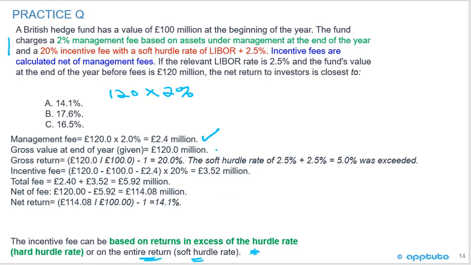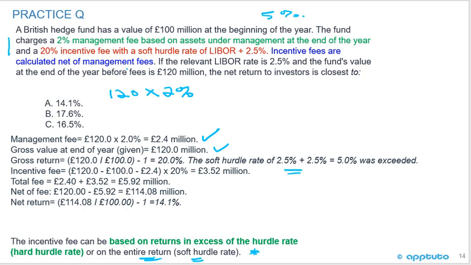So we have the value at the end of the year, 120 million. So we're looking at the gross return, 120 million at the end of the year divided by the beginning of the year, minus 1 times 100 equals 20%. So clearly we've exceeded the soft hurdle rate, LIBOR plus 2.5%. LIBOR is 2.5%, so the hurdle rate was 5%. We've exceeded it, okay?